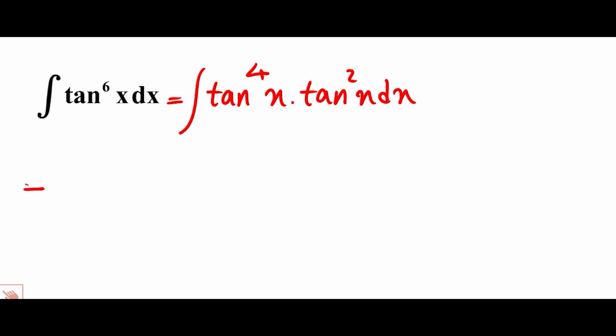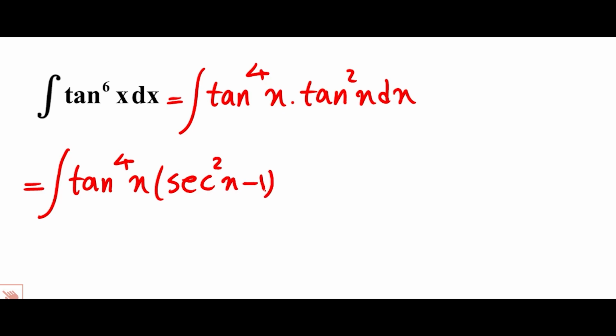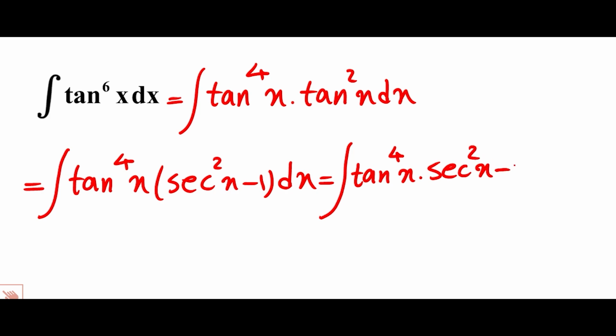So we have the integral of tangent to the fourth x times secant squared x minus 1 dx. Now if we expand, we have the integral of tangent to the fourth x times secant squared x dx minus the integral of tangent to the fourth x dx.